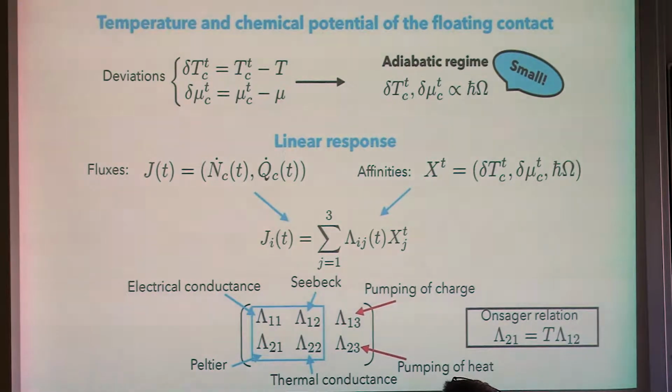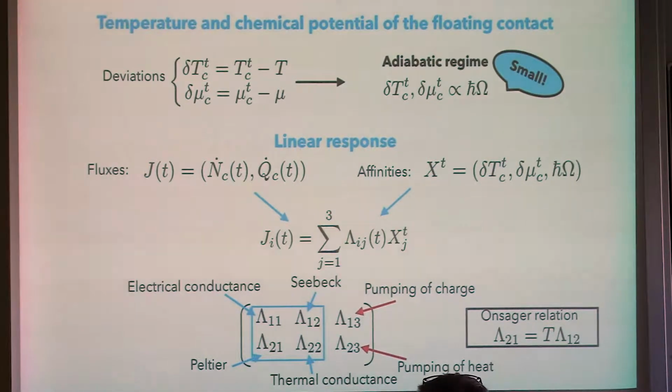So imagine that we collect the charge current entering the rotating contact and the heat current into this vector. On the other hand, we have the affinities, which are just the forces that generate transport.